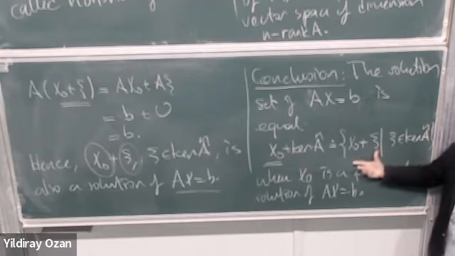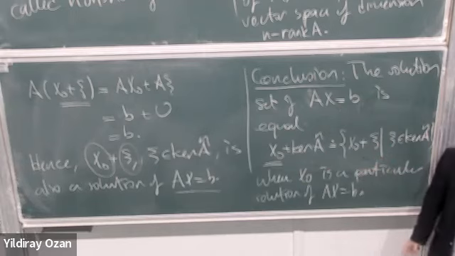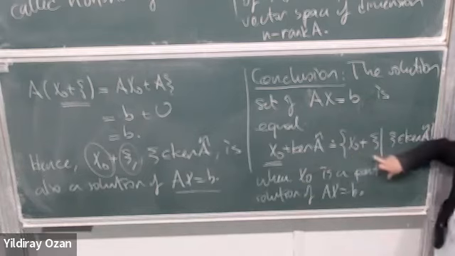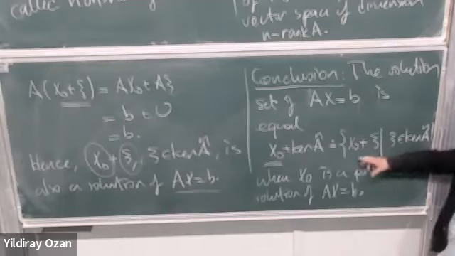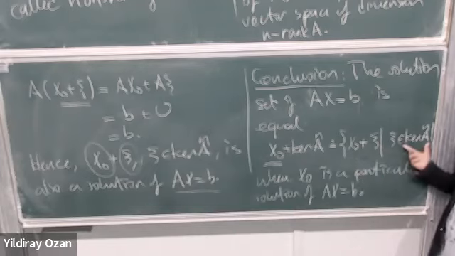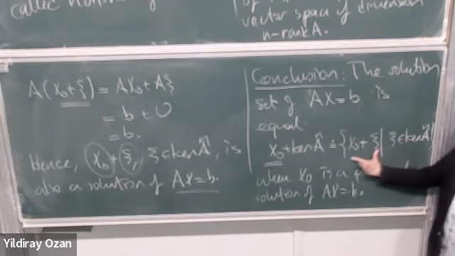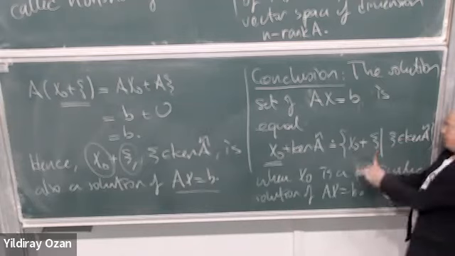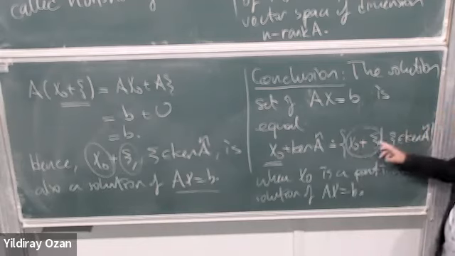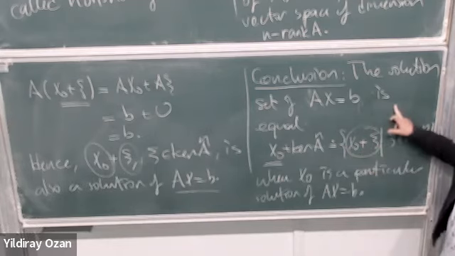This set, unlike the solution set of a homogeneous equation, is not a vector space. Because you see, these are vectors like x0 plus something, right? For example, this set has no zero in it. Why is that? Because if there were a zero here, then A times that vector would be zero, but A times this vector is not zero, it is b.